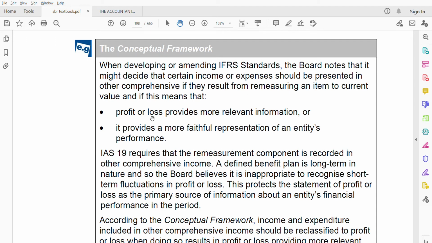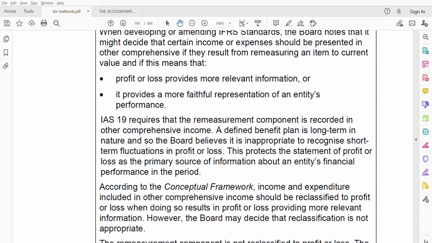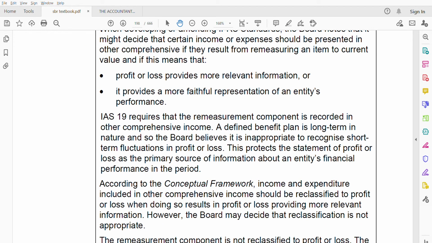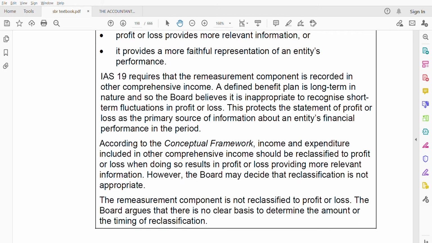Profit or loss provides more relevant information, or a more faithful representation of an entity's performance. So IAS 19 requires the remeasurement component to be recorded in other comprehensive income. In short, you should know this: remeasurement is in OCI.